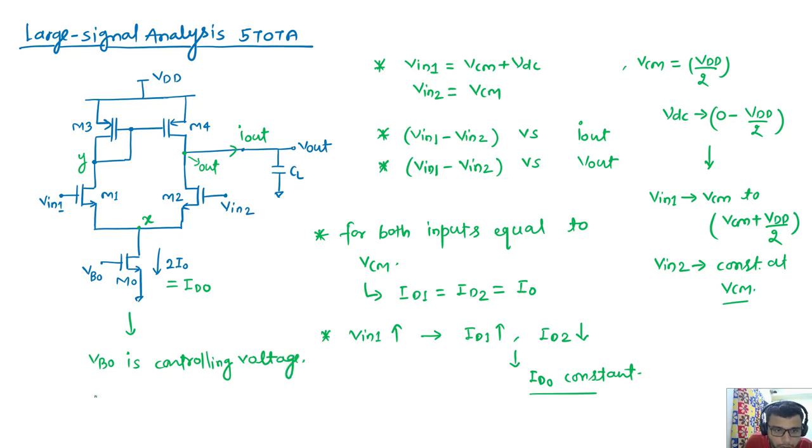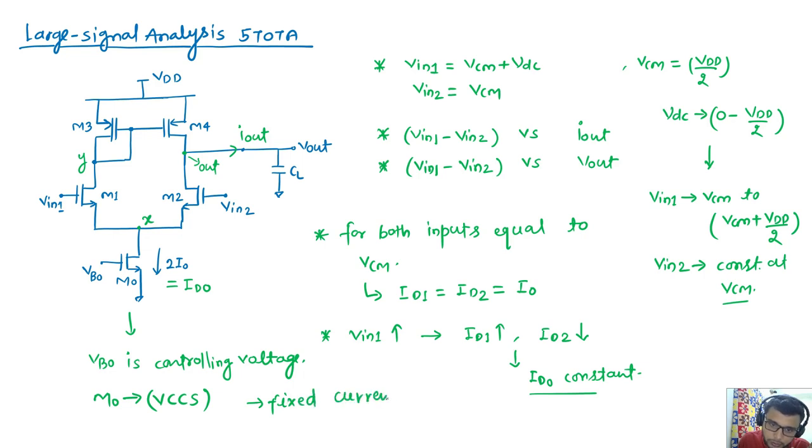So what we will call M naught is a voltage controlled current source. This is my M naught. Whatever current flows through M naught is just a tail current, so it is a fixed current, that we all know.